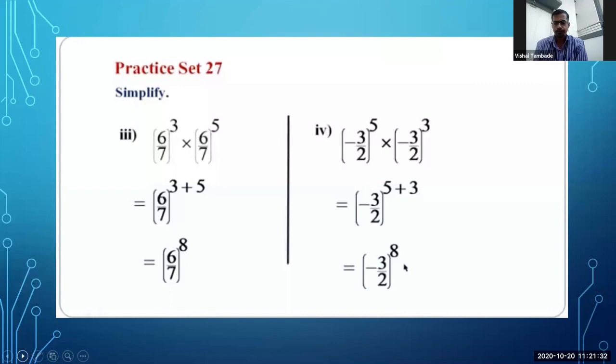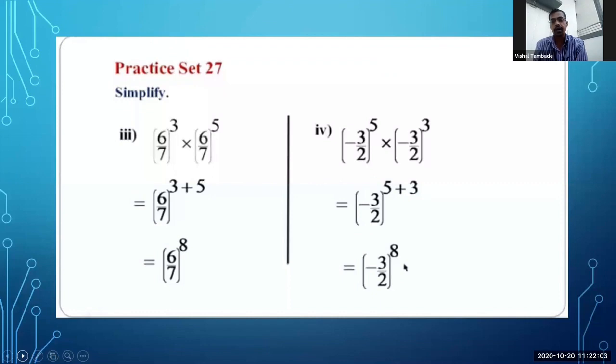Nothing different to do. If the operation between two numbers or two indices is multiplication, and the base is the same and the power is different, we have to take the base one time according to the law. You have to take the base one time because it occurred two times. Now look at the first example, 6 upon 7. The base occurred two times. That's why we take it one time and add the power, because the operation between them is multiplication.